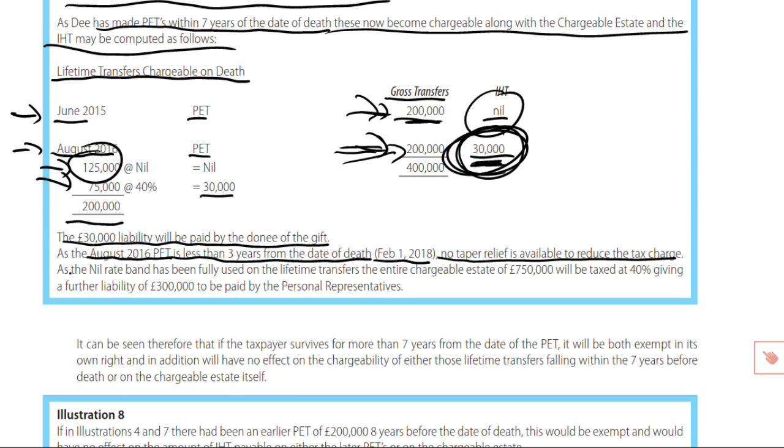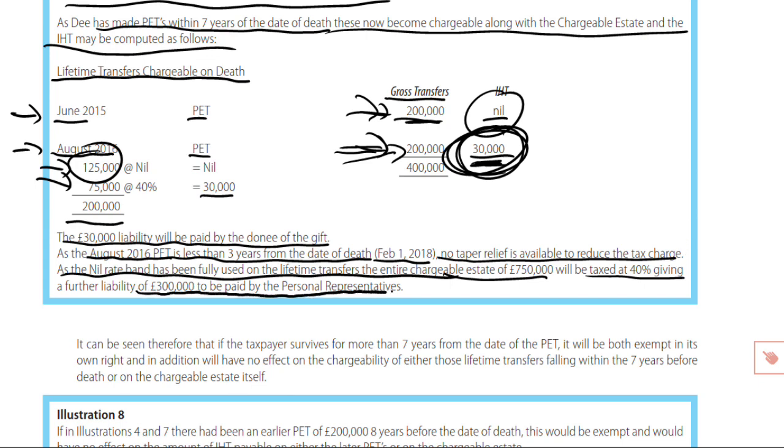Now, as the nil rate band has been fully used on the lifetime transfers, the entire chargeable estate of 750 will be taxed at 40%, giving therefore a further liability of 300,000, then to be paid by the personal representatives. Remember, when will that be paid? It will be paid by 6 months from the end of the month in which the taxpayer died.